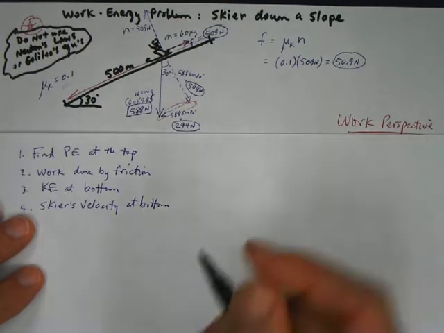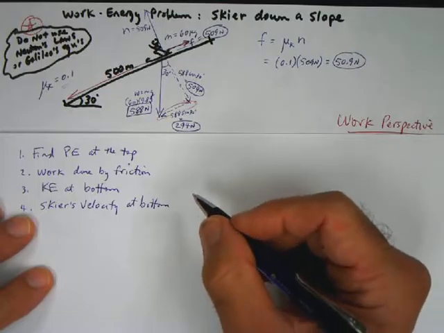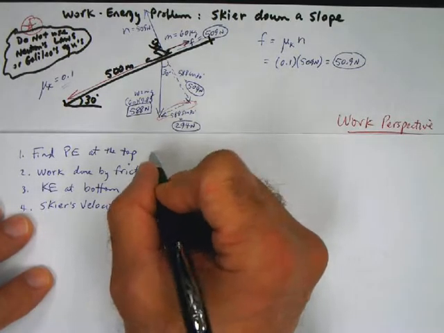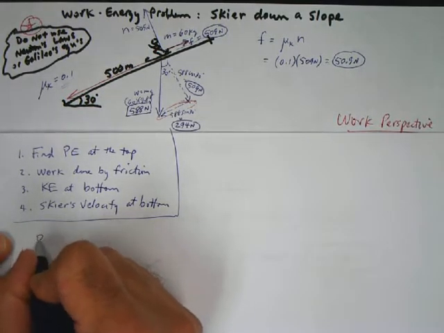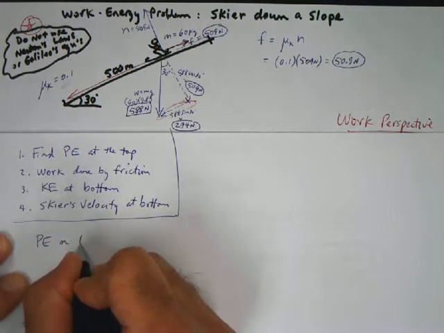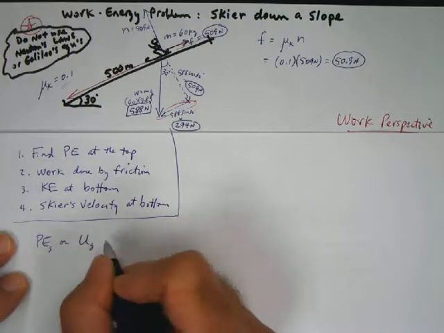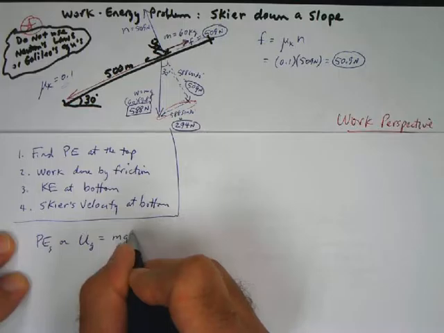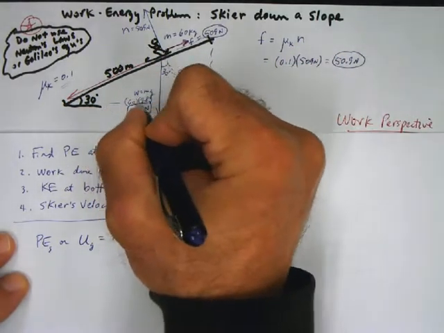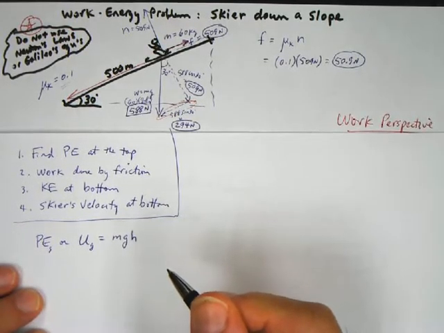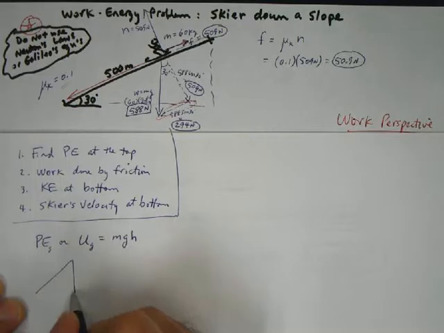What's the potential energy? Well, potential energy, or capital U, gravitational-wise, is equal to mass times gravity times the height. So we need to find the height of the skier at the beginning. And so we need to maybe draw a distance triangle where this is 30 degrees, this is 500 meters here for the hypotenuse, and we need to find this height here.